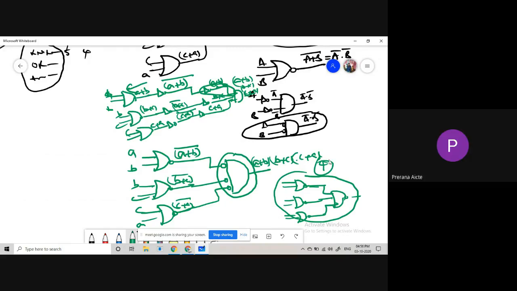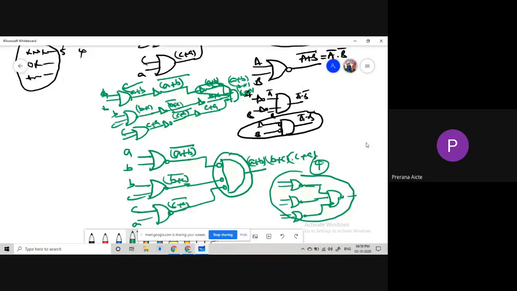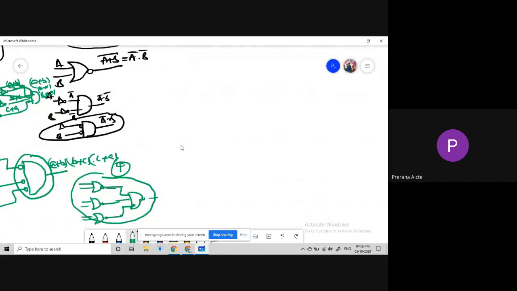If you want to solve another problem by using NOR gates, for example, F is equal to A plus B bar C plus D into E plus A. For this, how many NAND gates are required?